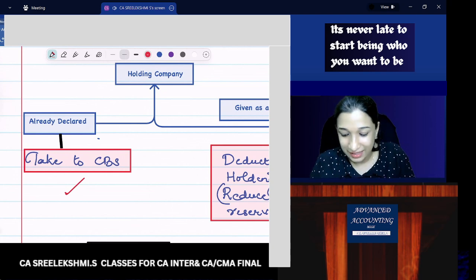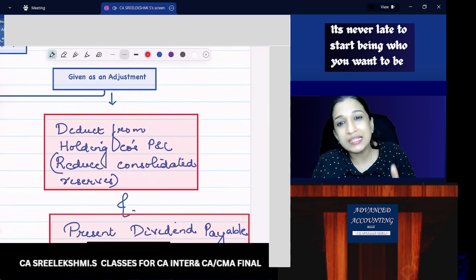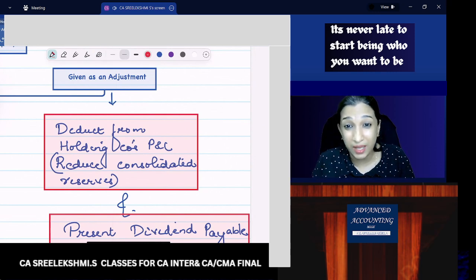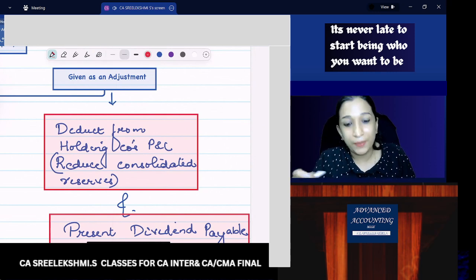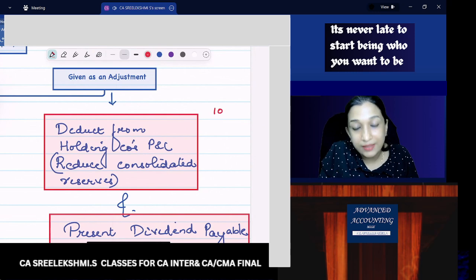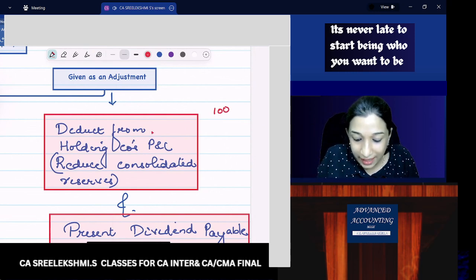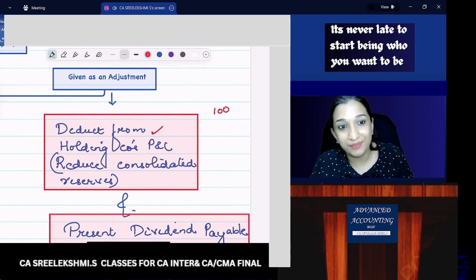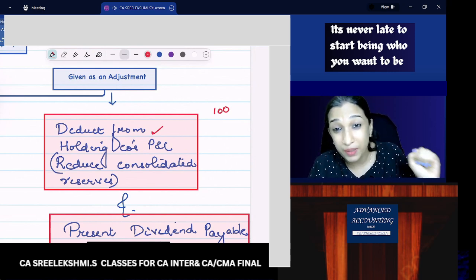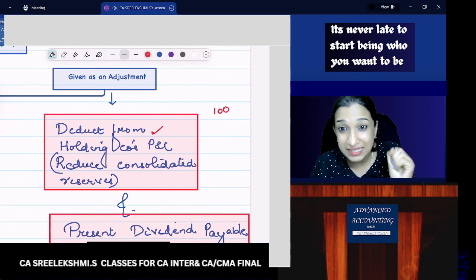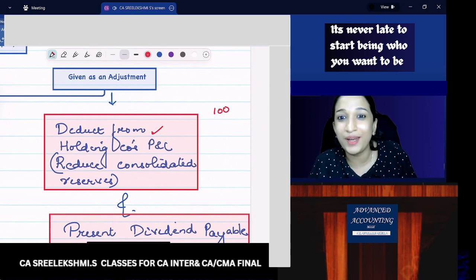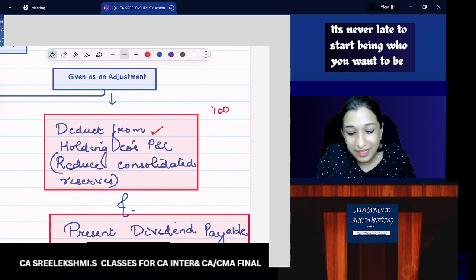That's it. Now, what if it is given as an adjustment? In the adjustments, the holding company declared a dividend of 100 rupees in the current year but did not account for it. Then deduct it from the holding company's P&L. In the consolidation of reserves adjustment, we take the holding company's profits, add the share from the subsidiary, less the dividend declared by the holding company, deduct 100.